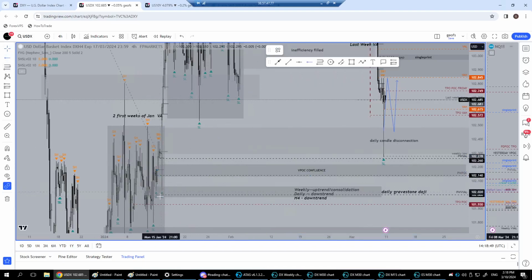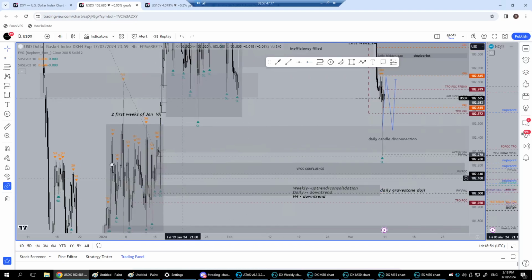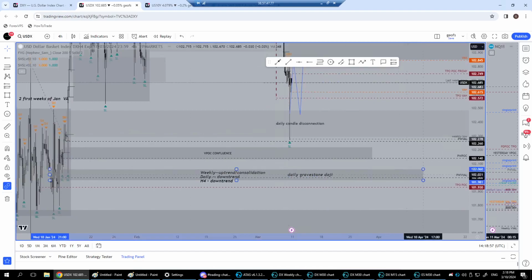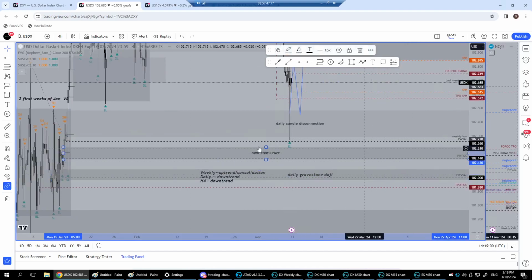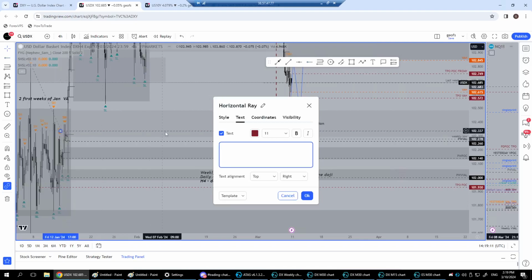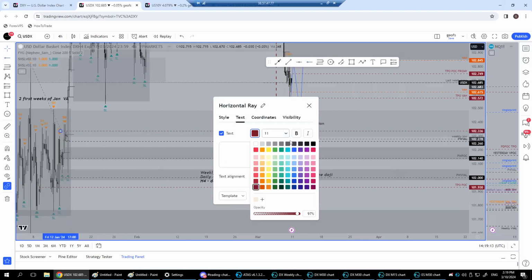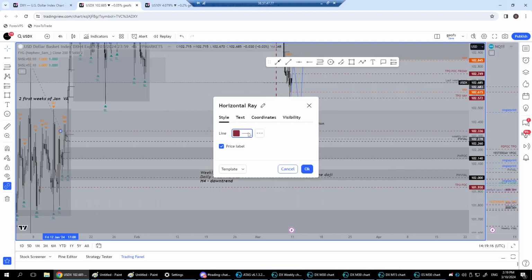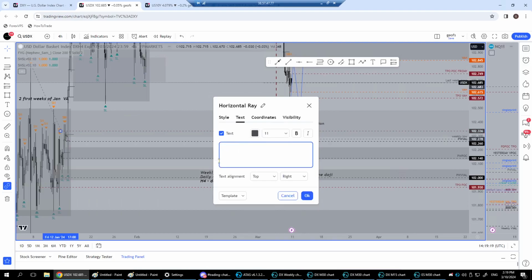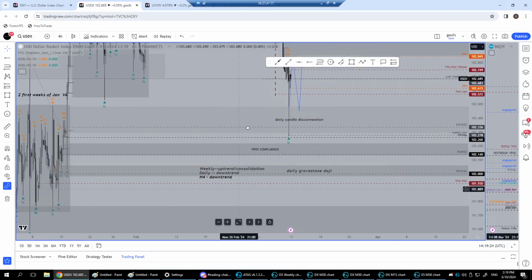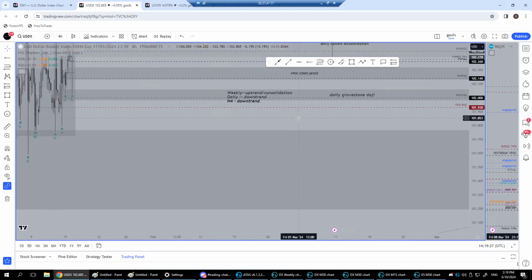Which may overshoot, of course. Got this kind of strange gap. Got to keep an eye on that as well. And obviously the weekly inefficiency down here has to be noted.